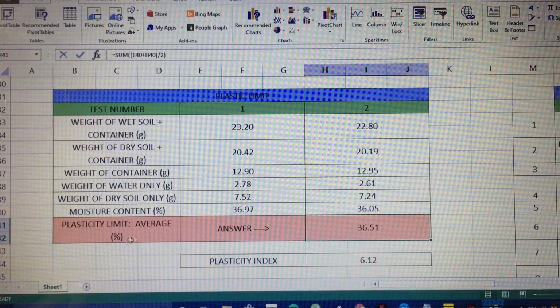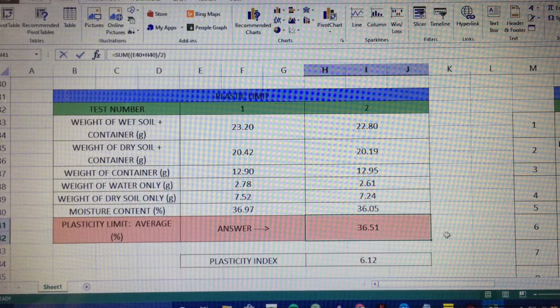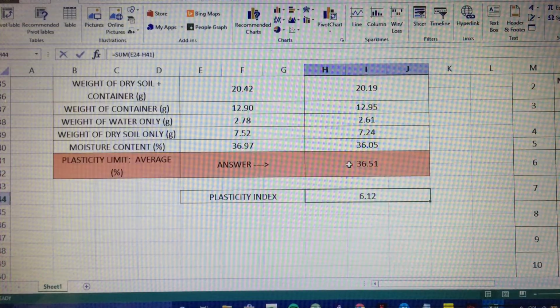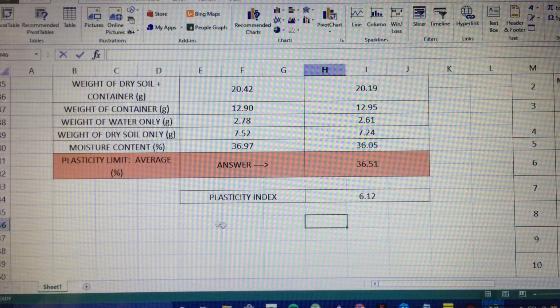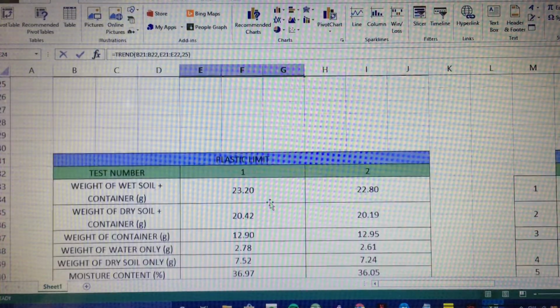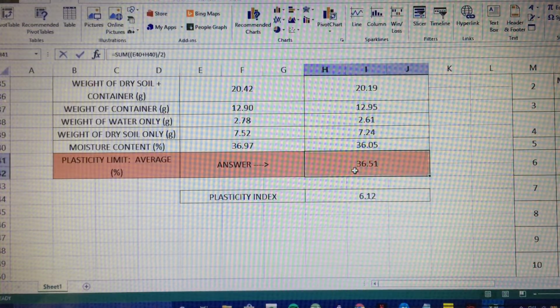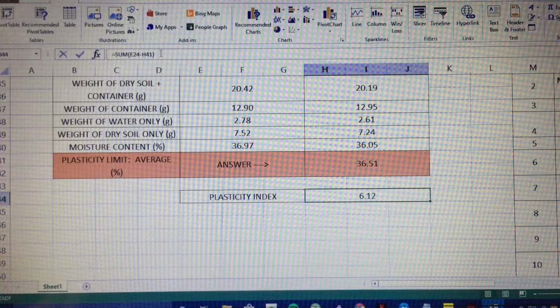So, that is the average plastic limit. Yung answer dito, 36.51. Now, for the plasticity index, that is just the liquid limit minus the plastic limit. So, as you can see here, dito na siya sa formula.